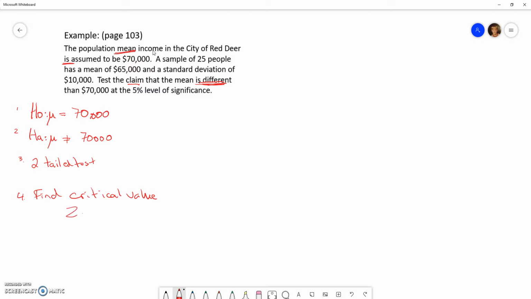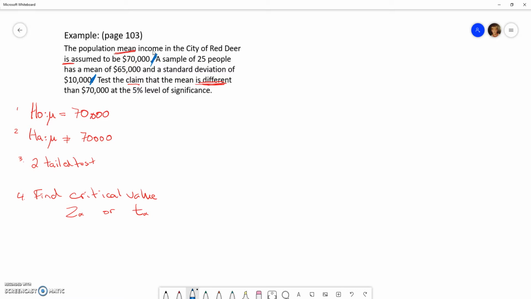So let's say Z alpha or T alpha. Which one is it? It depends on the standard deviation. If the population standard deviation is given to us, then it's Z. If not, it's a T value. In this sentence, we have the statement about the sample: a sample of 25 people has a mean of 65,000 and a standard deviation of 10,000.